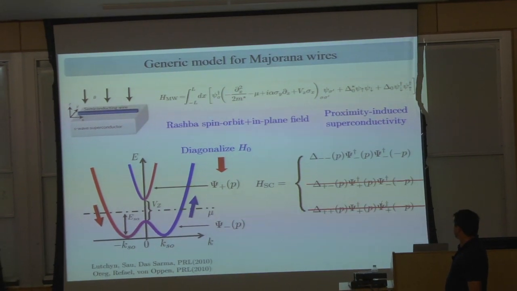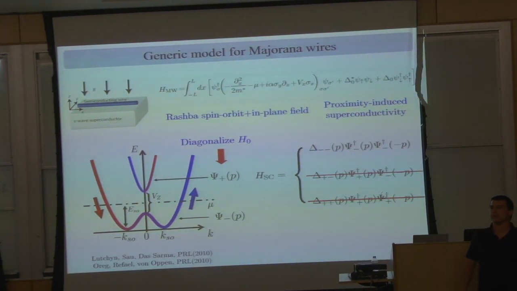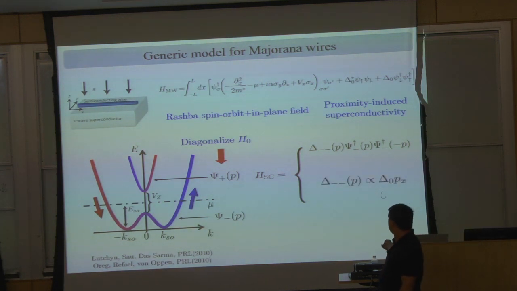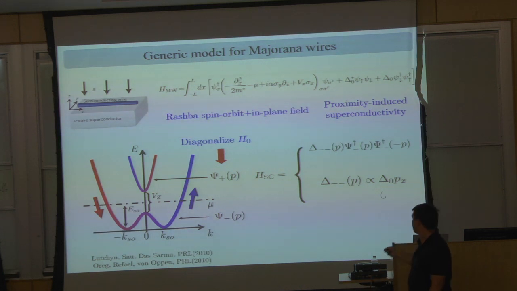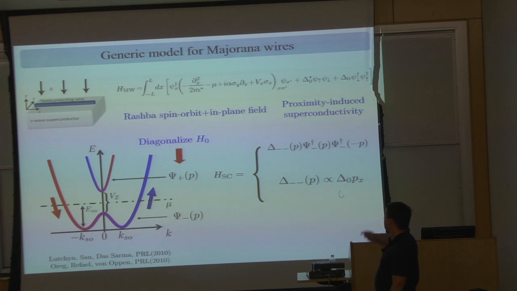Then I will just cross out all the terms that appear in this pairing potential and leave just one. Because this one is proportional to just a single species, the fermion anti-commutation relation forces this coefficient delta P to be odd in momentum.